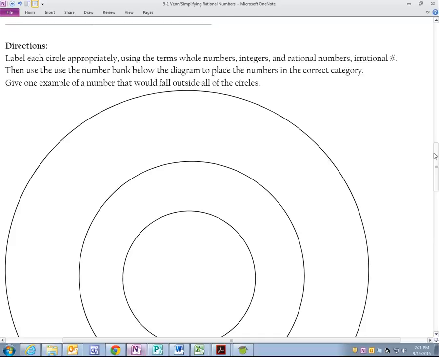Label each circle appropriately, using the terms whole numbers, integers, rational numbers, and irrational numbers.